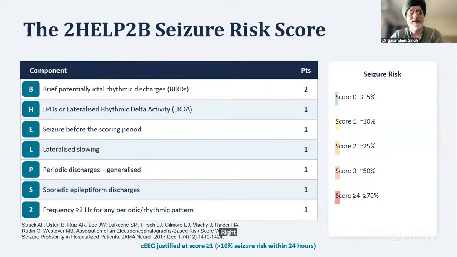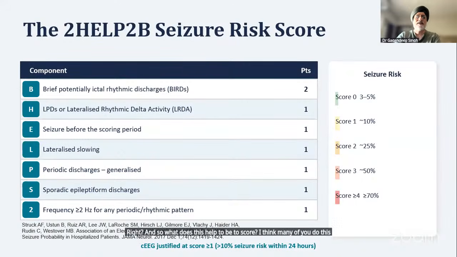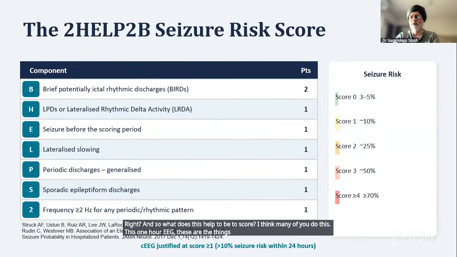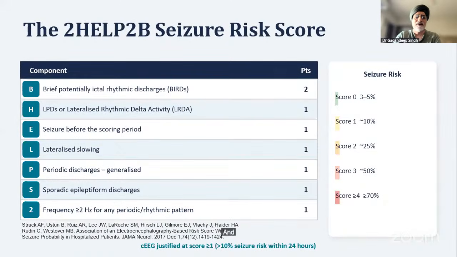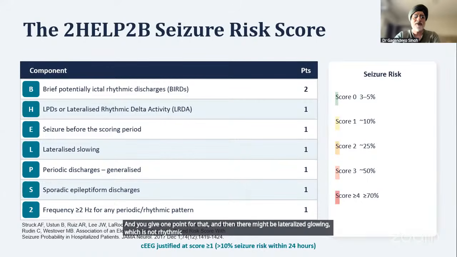Right. And so what is this 2HELPS2B score? I think many of you do this. This 1 hour EEG, these are the things that we look for. We look for BIRDs, and I'll show a good example of BIRDs, or lateralized rhythmic delta activity. The patient usually has had a seizure, or the patient might have a seizure during that 1 hour recording, and you give 1 point for that. And then there might be lateralized slowing, which is not rhythmic and not periodic, almost continuous, more than 10 seconds.